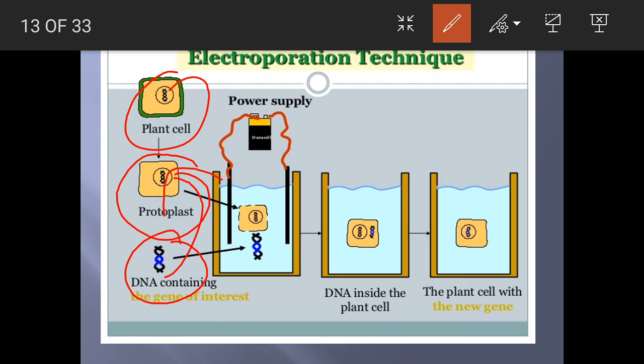To do that, in a cuvette or in a tube, both the protoplast, that is the plant cell into which you want to transfer your DNA, and the desired gene are taken, and then the power, that is the electric field, is applied.